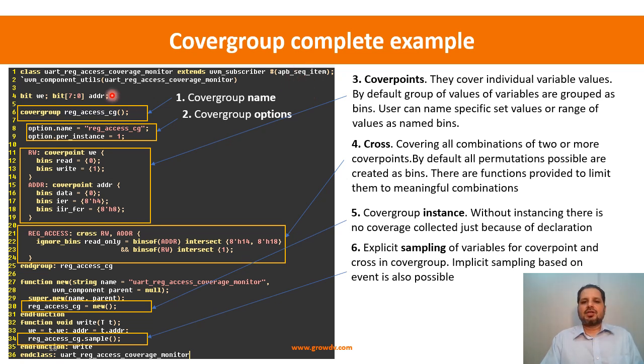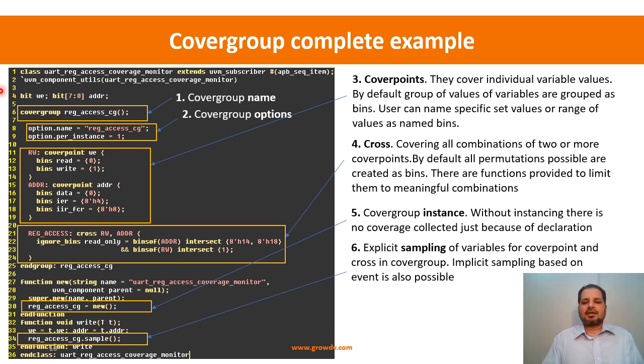The way this UVM subscriber base class works is, whenever the UVM monitor detects a transaction, it calls this function write, which is a built-in virtual function already present within the UVM subscriber. Within this write implementation, you can define any coverage sampling. So that's the overall broad idea. Don't worry too much about those details yet. I just want to start giving you a flavor of it.